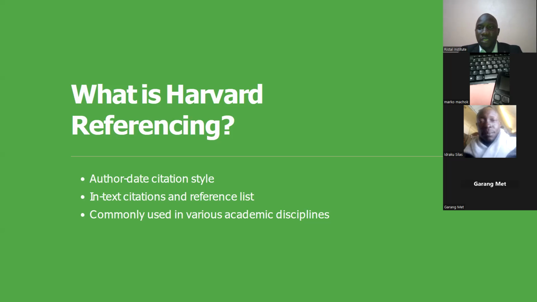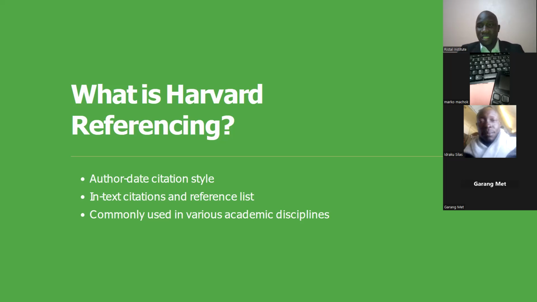Everywhere you have a point that you're explaining, you need to tell us where that point comes from. And then you put the citations that you have included in the text in the reference list. Okay, so it is a common style of referencing that is widely used across different disciplines.